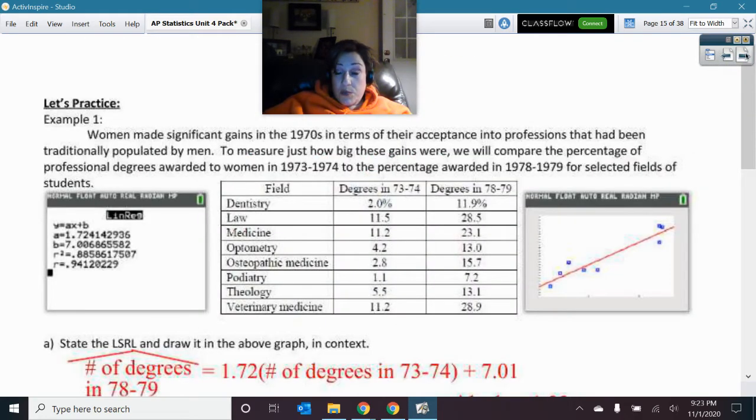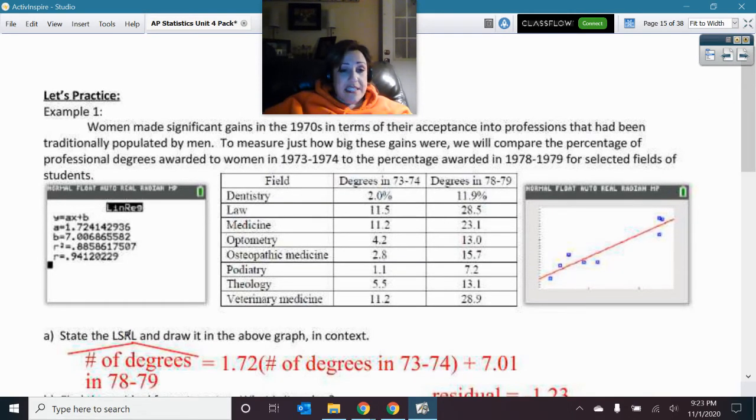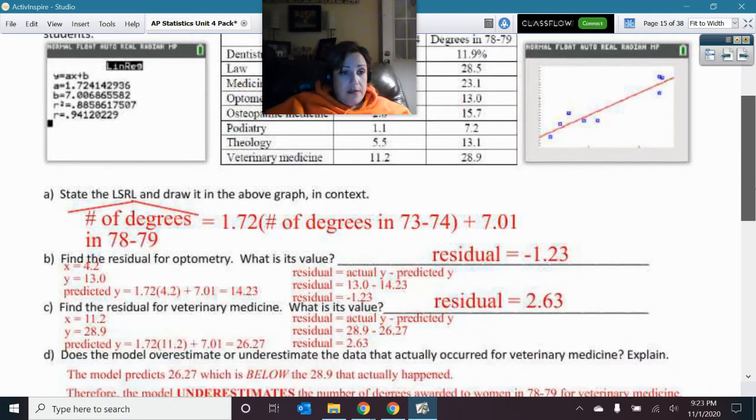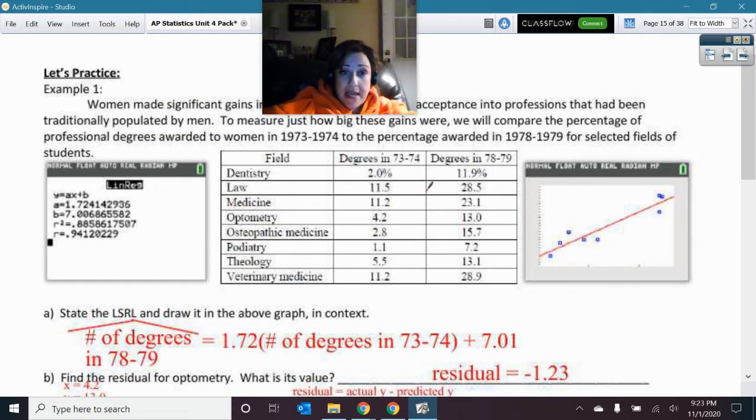So let's go through those problems on the next page that you did. Here we had that predicted number of degrees, 78, 79. Here I gave you this computer printout. There's your equation. Don't forget the prediction hat or it's wrong. Okay, next. Here, the residual for optometry came up. These are my X values. These are the actual Y values.